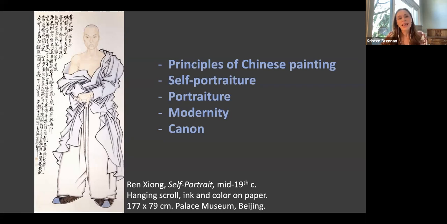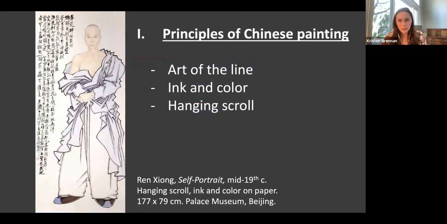And then finally, canon, and how we position works and how we talk about the canon of Chinese art history, specifically the use of terminology like the Shanghai School, which Ren Xiong is often described as a part of. So let's start with principles.